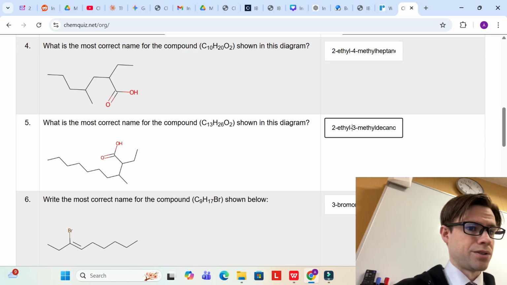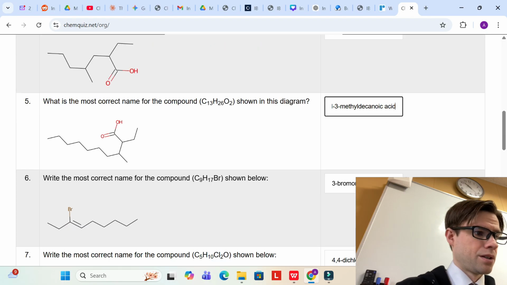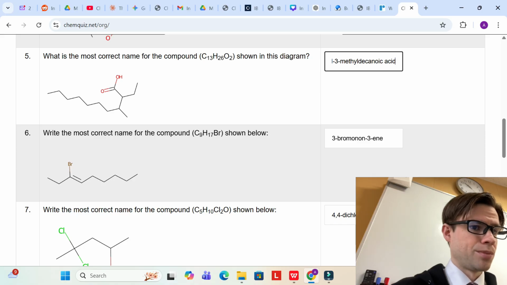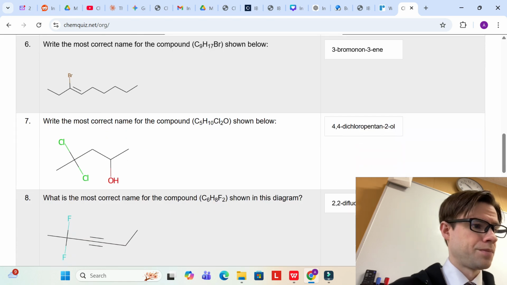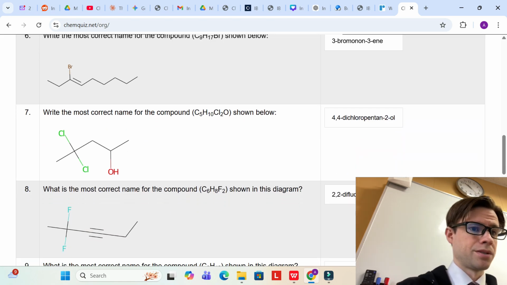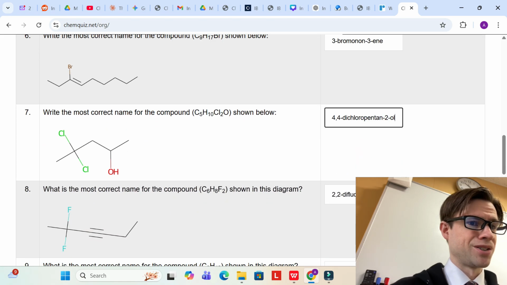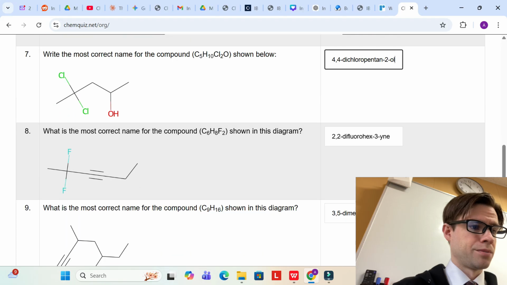Number 5 is this 2-ethyl 3-methyl decanoic acid. Yes, should be. Number 6 is this 3-bromo-non-3-ene. 1, 2, 3. Yes, should be. Number 7 is this 4,4-dichloropentan-2-ol. Yes, should be.